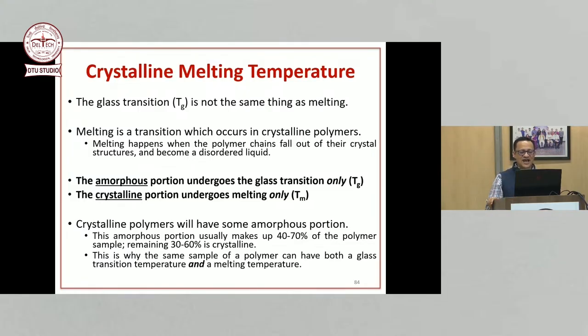Crystalline polymers will have some amorphous portion. This amorphous portion usually is 40 to 70% of the polymer, the remaining 30 to 60% is crystalline. This is why the same sample of a polymer can have both a Tg and a Tm.